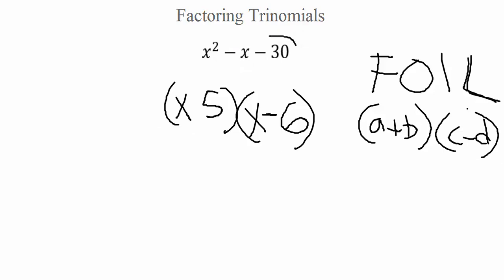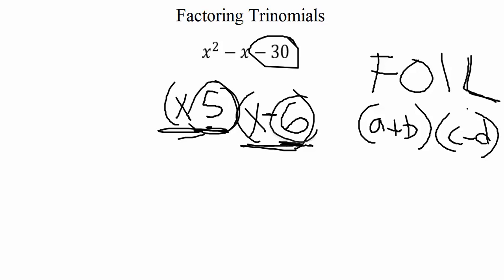We get this last term by multiplying the last terms in each of these binomials. We know that this one over here is a negative 6. We're not sure yet what this one is, but this last times this last is going to give us the last term. So is a negative 6 times a positive 5 going to give us negative 30, or is a negative 6 times a negative 5?